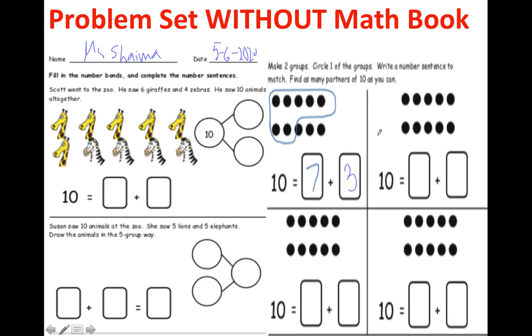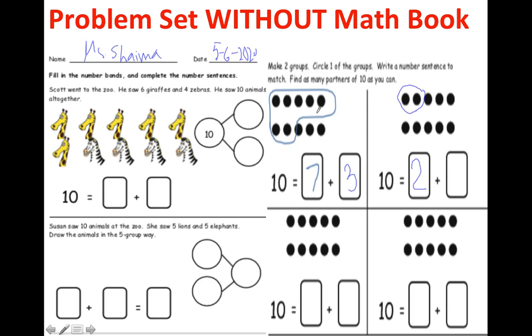Let's do one more together because this one was already done. So I'm going to show you over here. I have it in a 5 group way. I have 5 on the top, 5 on the bottom. So that makes it 10, just like the answer over here. Now I have to make a group. So I'm choosing to make a group of 2. So I'm going to write 2 that are inside the circle.